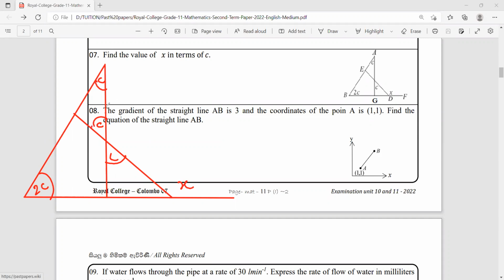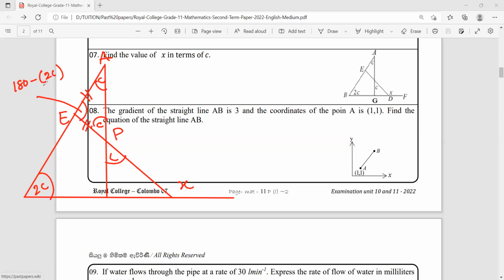And if these two angles are equal, this should be an isosceles triangle, and you get the value of here 180 minus 2c, because the sum of the interior angles of a triangle, I consider this AEP triangle, is 180.